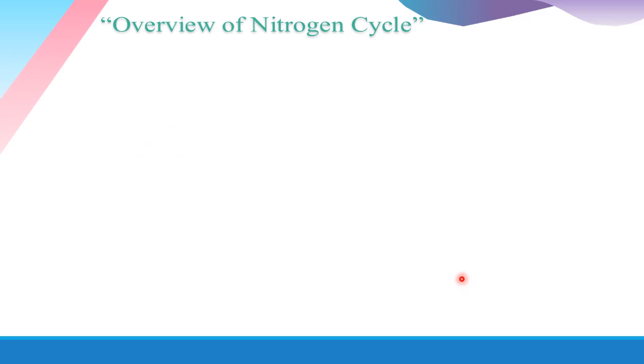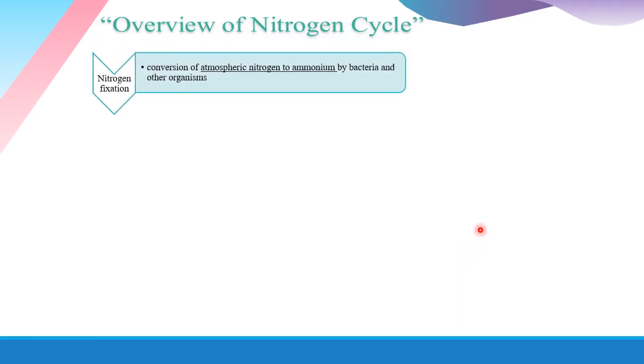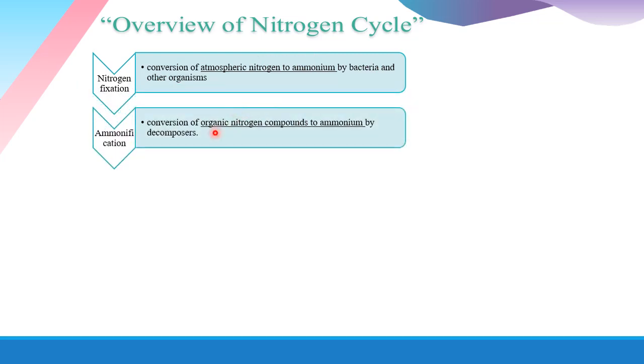Nitrogen fixation means the conversion of atmospheric nitrogen into ammonium by different bacteria and other organisms too. Ammonification is the conversion of organic nitrogen compounds like protein, etc., to ammonium by decomposers.